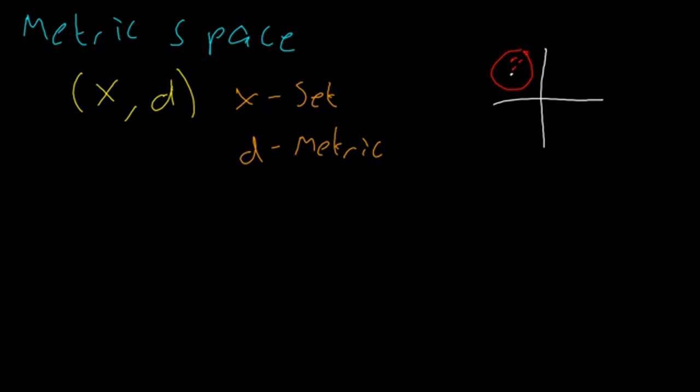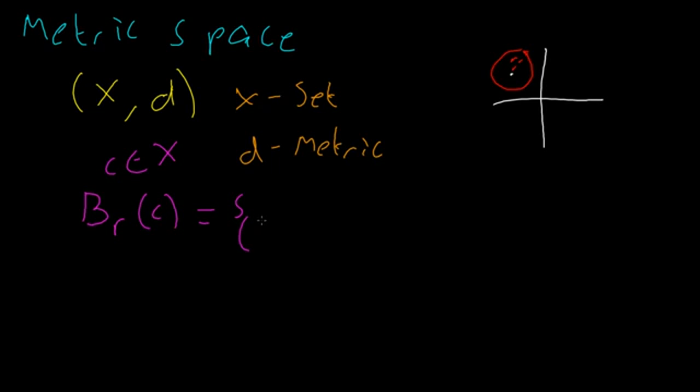So the open ball, let's call this B for ball, of radius r around a certain point C. Okay, so this is a ball of radius r around a certain point C, where C is in our set. So C is in X. And so this ball of radius r is exactly how I described it.